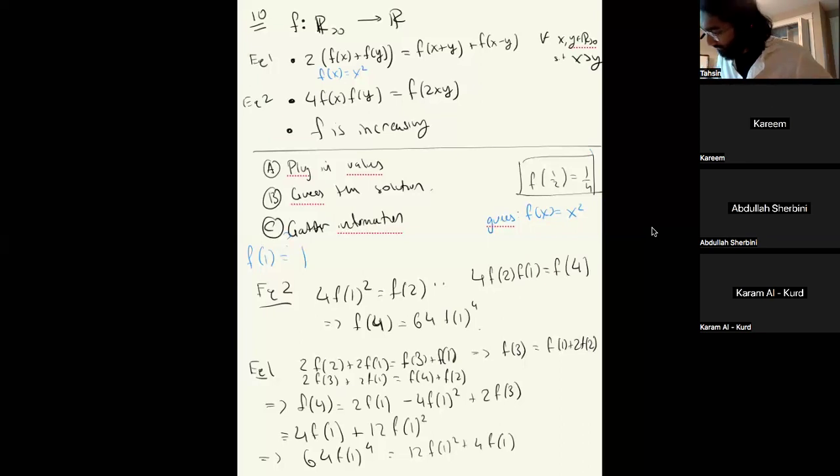And that means f of 4 is actually equal to 16 times f of 1 cubed. And now we get this equation.